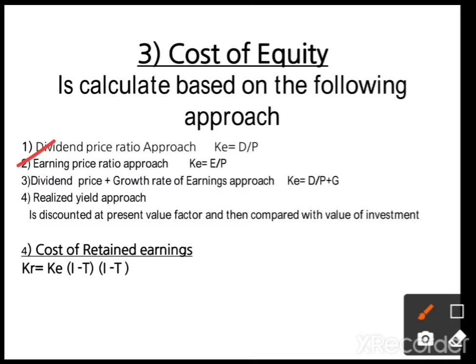Very simple. According to the earning price ratio, the intention is to calculate the earning percentage of the market price. So cost of equity is equal to E divided by P. Here K means cost of equity, E means earning per share, P means net proceeds of shares. Okay.